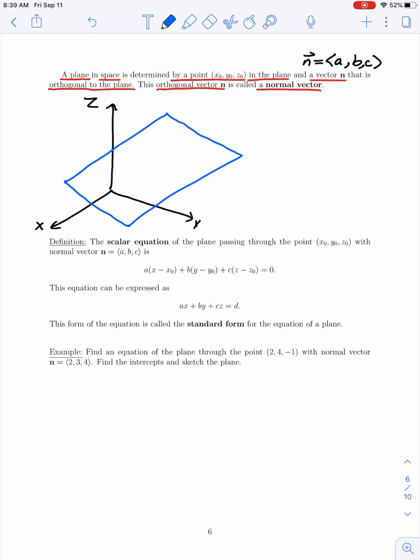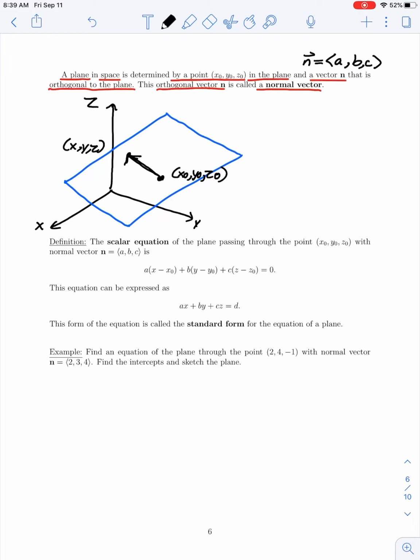If we have for this plane some point which lies on that plane, let me call it x0, y0, z0, then for any other arbitrary point on this plane, let's call it x, y, z, we could find the vector from x0, y0, z0 to the point x, y, z.